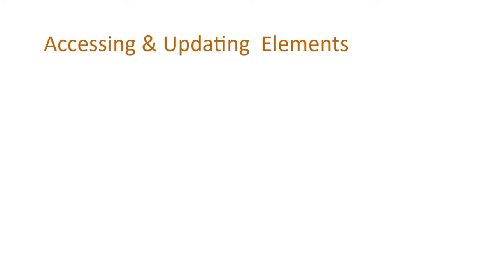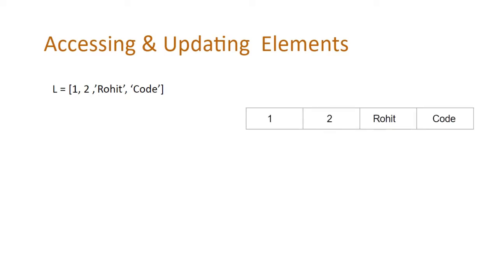Here is an example: L equals to, in square brackets, 1, 2, Rohit, code. Now split each and every element with respect to their index. Here you can see it is written in the same way as our previous example, with positive and negative indexes.